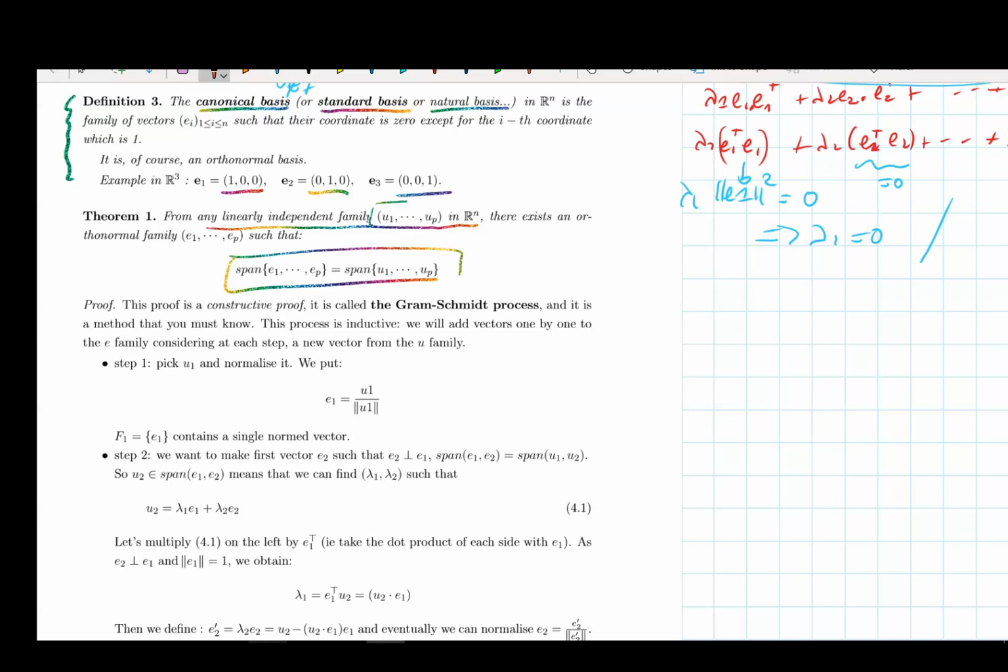My first family was called the U's, and I can create a family of E's where all the E's are orthonormal. The proof is very important. It's a constructive proof, meaning that we're going to see a process called the Gram-Schmidt process, and you have to be able to redo that on specific examples. So in the next video, we're going to explain how that works.